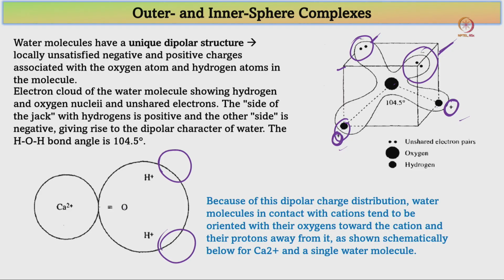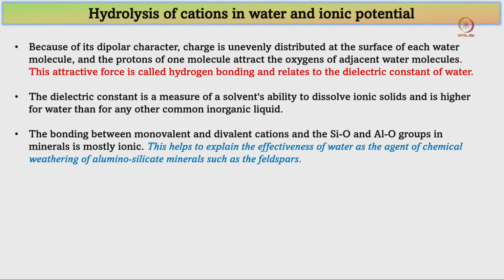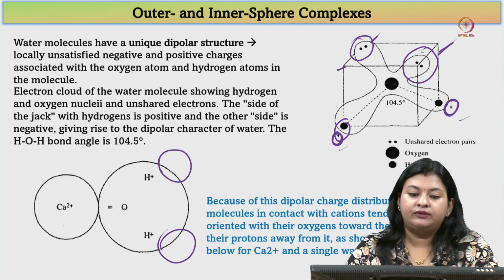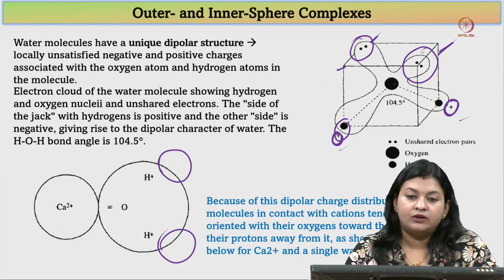So, by simple arrangement of the atoms, there can be this kind of charge distribution, and with the electrostatic forces, they can form bonding. This is what we call hydrolysis of cations.